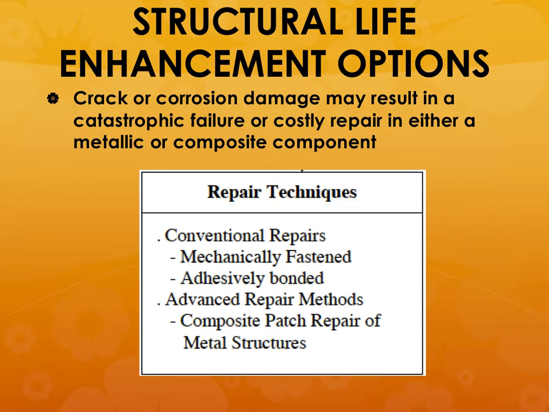The standard composite structures are either mechanically fastened or adhesively bonded. And there are some advanced repair methods where they can be patched up, just like you do in the roads. You would put some kind of a patch, and the way you put the patch, you want to make sure that you recover most of the strength of the properties.